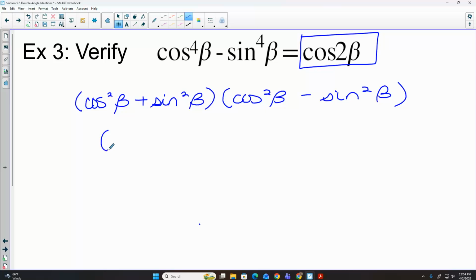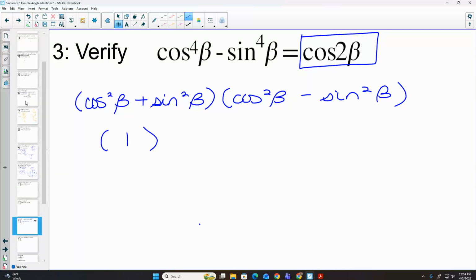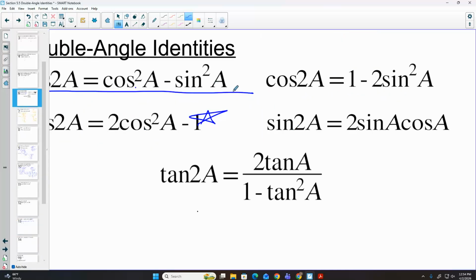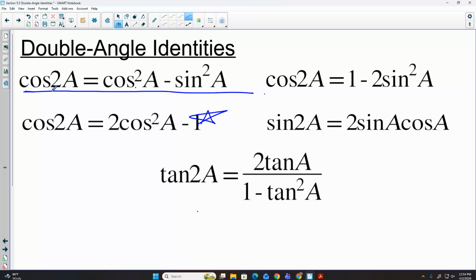What is cosine squared plus sine squared? 1. Times cosine squared minus sine squared. What is cosine squared minus sine squared? That's the first double angle formula.